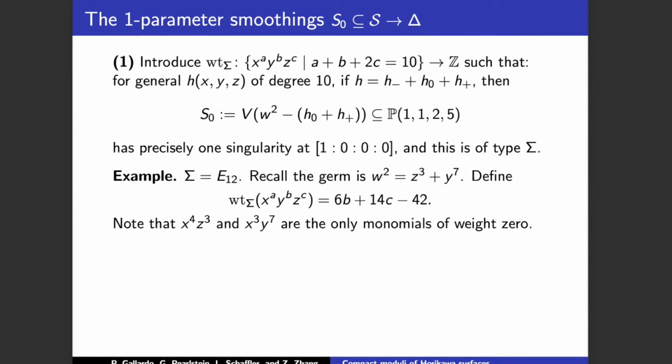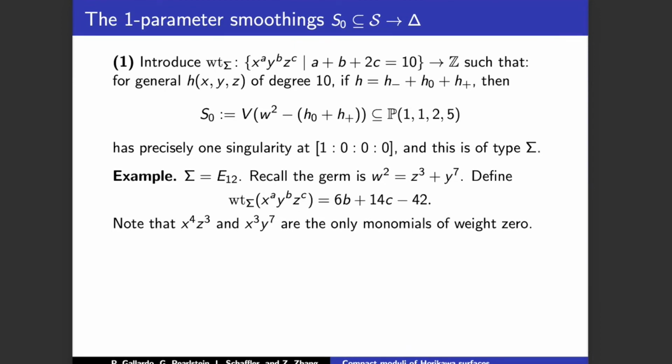There are many reasons why the weight function looks like this. Of course, it makes what I declared above happen, and that's enough motivation to have it. But one thing that we can quickly appreciate just by looking at it is that those two monomials, x to the 4th z cubed and x cubed y to the 7th, if you apply this formula, you'll realize that they have weight 0.